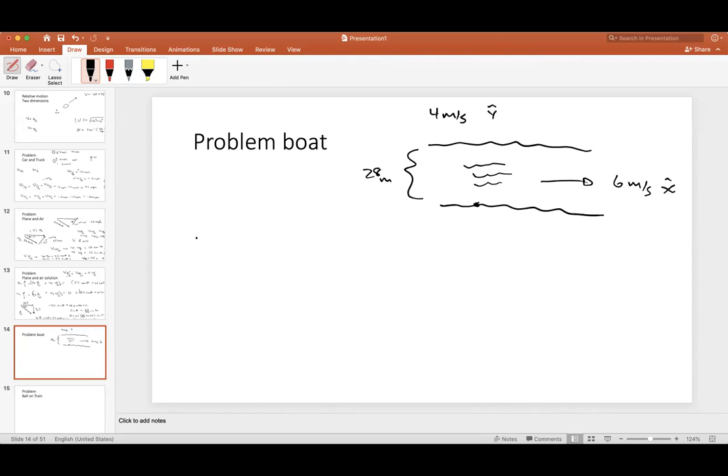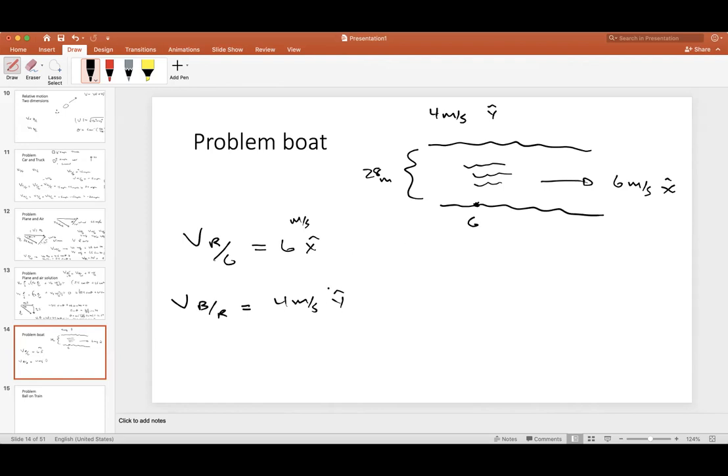We'll talk about that. So the velocity of the river versus the ground, and the ground is someone standing on the shore watching you, sees the river going by at plus 6 in the x hat, meters per second. And your boat versus the river can do 4 meters per second in the y hat direction, okay?